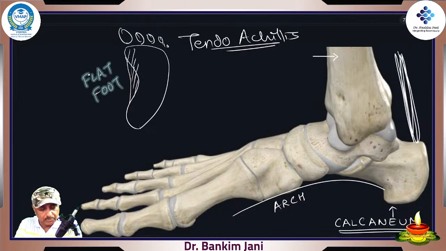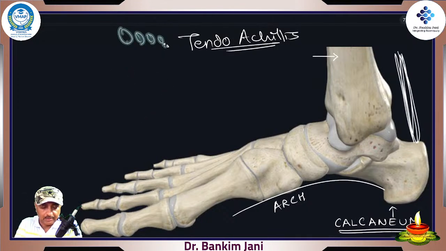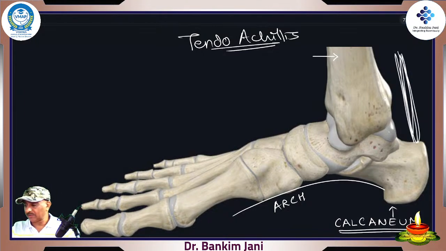Flat foot is usually because of poor muscle power, and wrong posture when you don't walk correctly. Having an arch is very good. In fact, the arch should be there because the arch gives grip to the ground, right? So it acts like a spring.